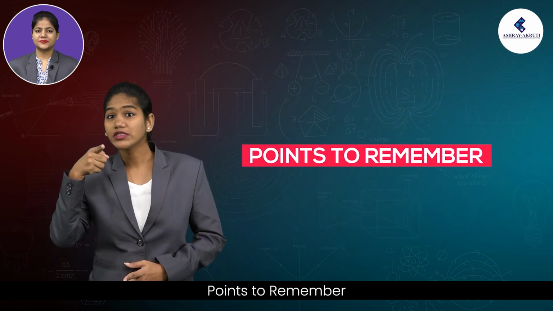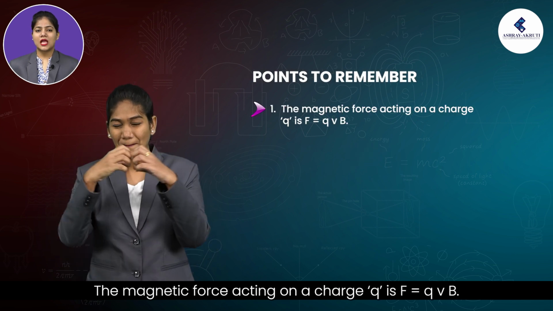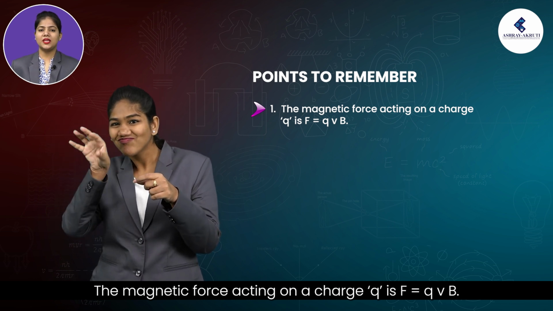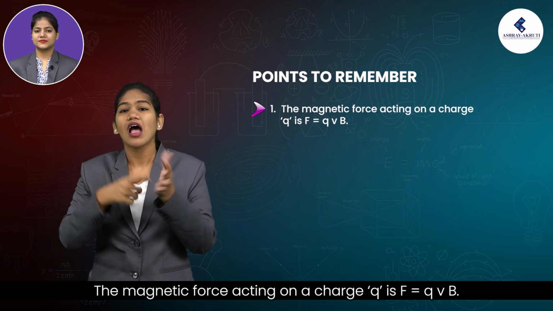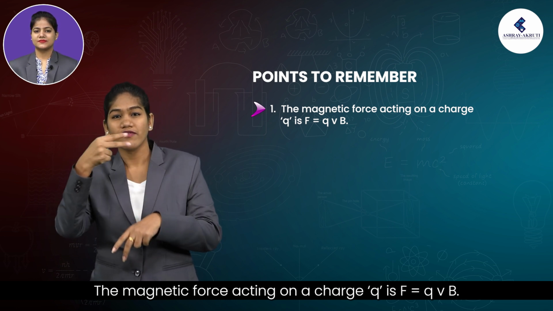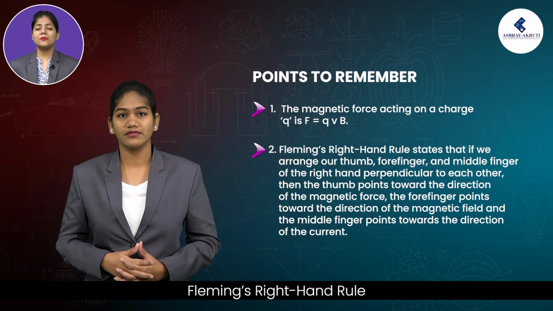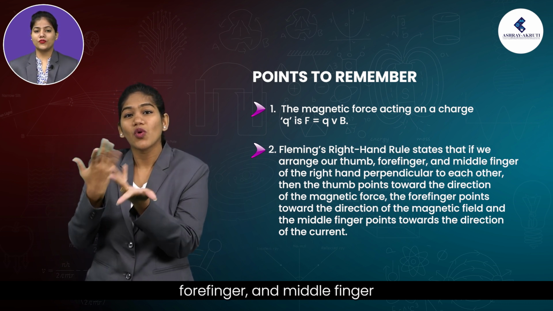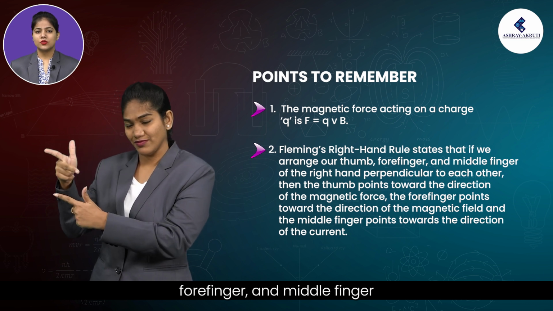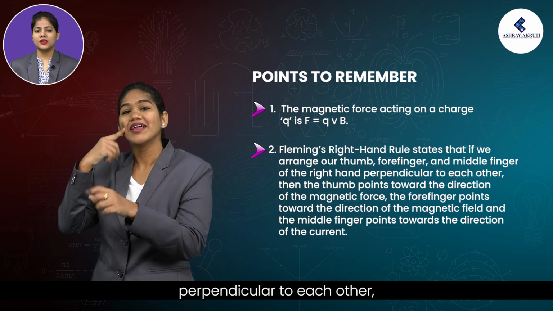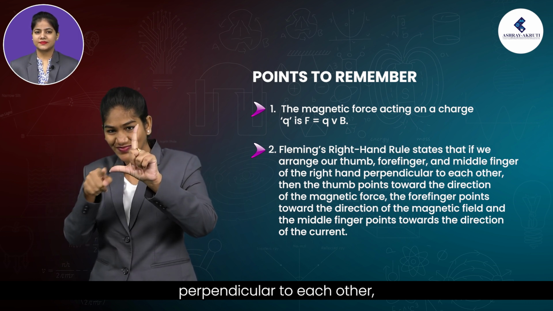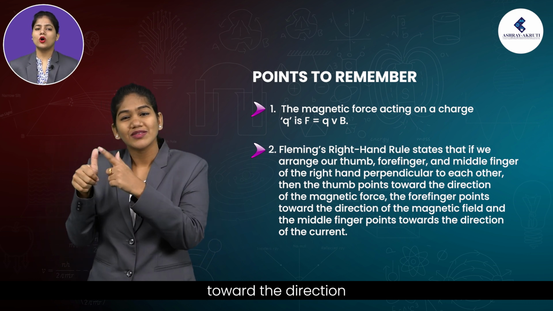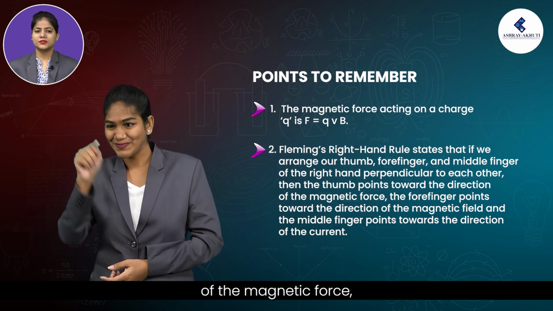Points to remember. The magnetic force acting on a charge Q is F is equal to Q V B. Fleming's right-hand rule states that if we arrange our thumb, forefinger and middle finger of the right hand perpendicular to each other, then the thumb points toward the direction of the magnetic force.